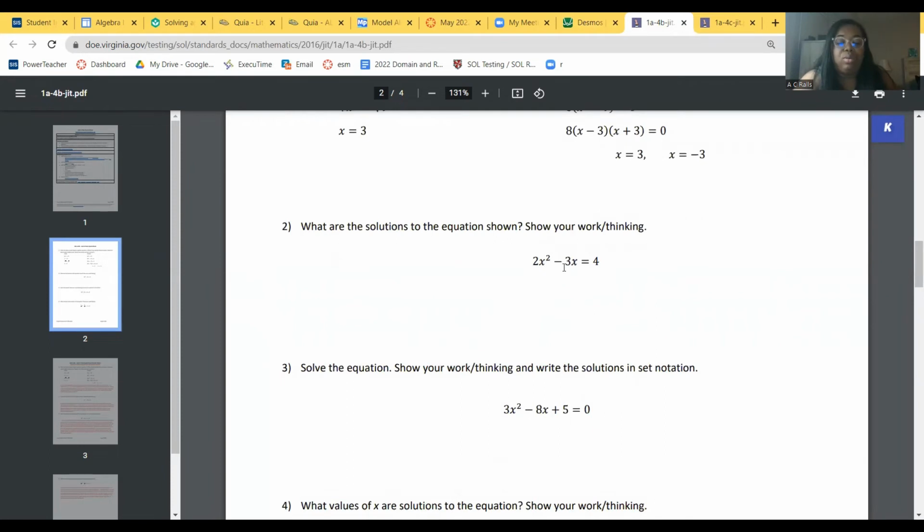So I would probably use the quadratic formula, but the first thing I would do is make sure that I put everything on the left side of the equation. So that means I have to subtract 4. So 2x squared minus 3x minus 4 is equal to 0. Then you want to identify your A. A is 2, B is equal to -3, and C is equal to -4.